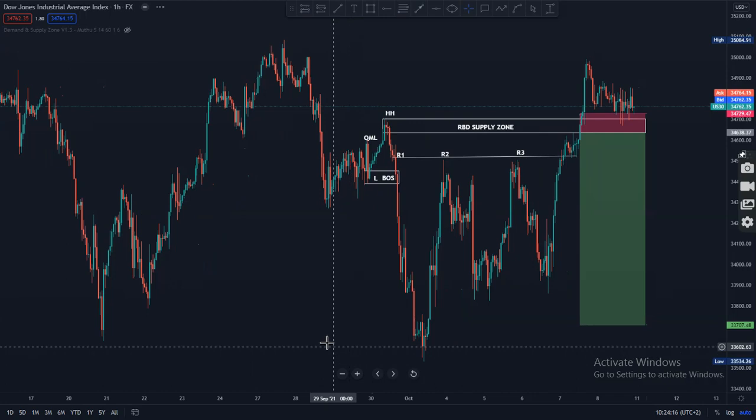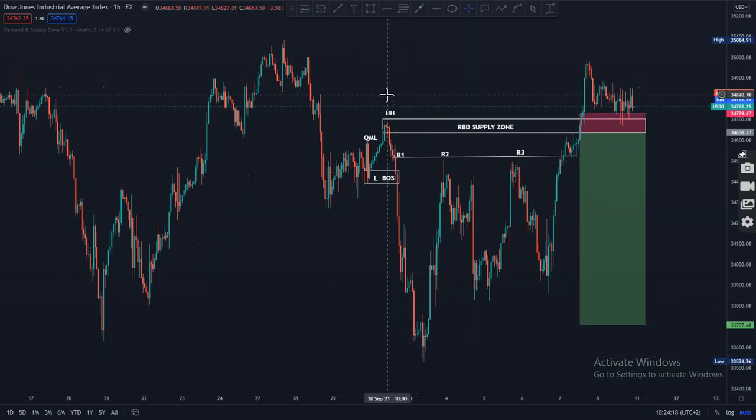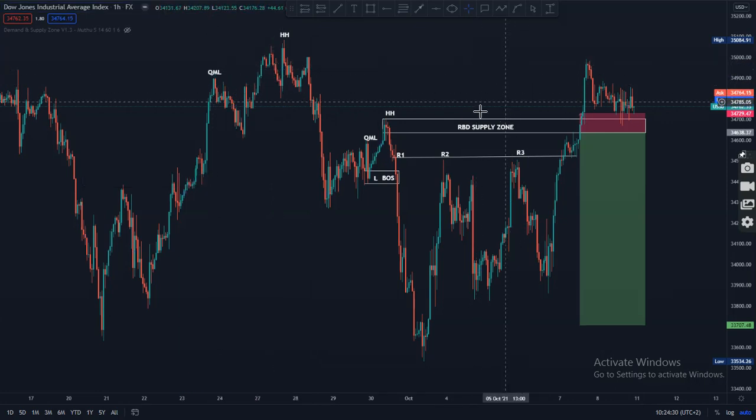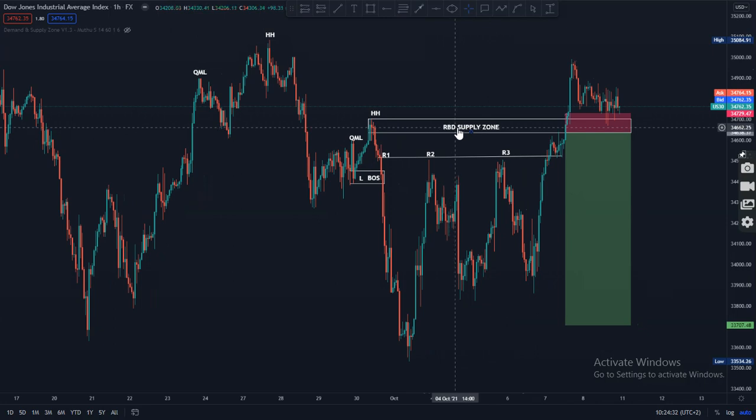This is what happened. This was the higher high, and then this was the QML. Then the break of structure happened here, and this was my low.